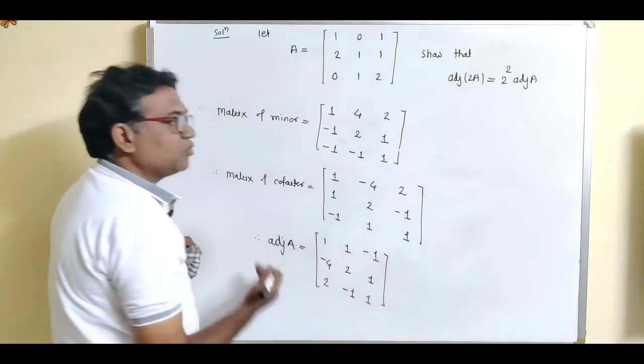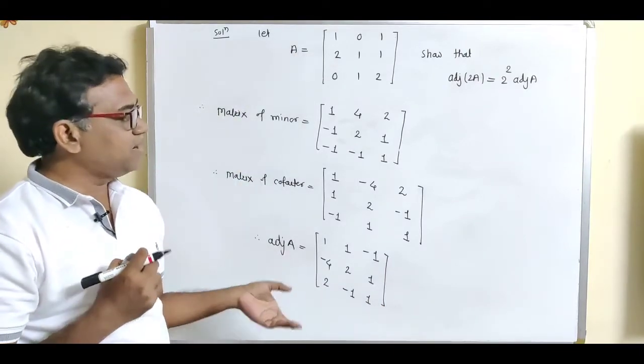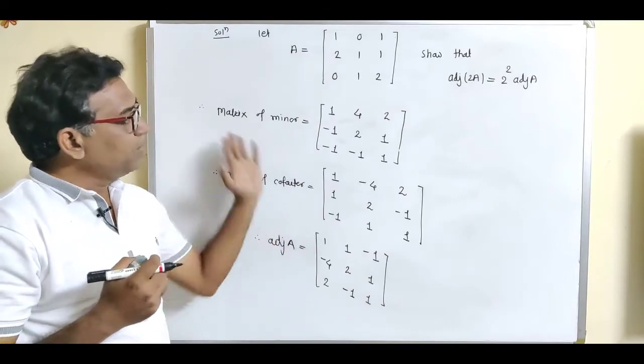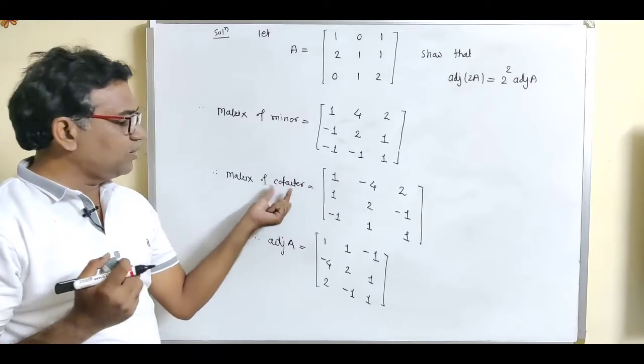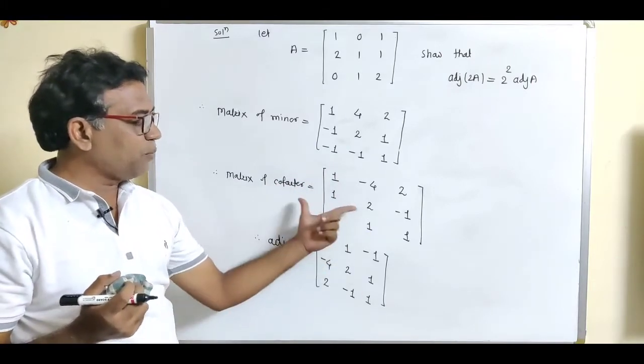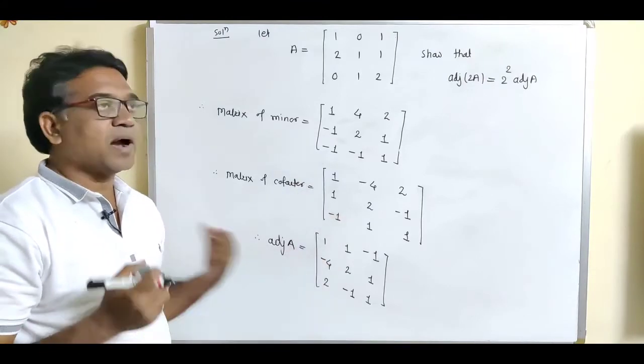So this is adjoint of A. See how to get the adjoint of a matrix from the given matrix. There are just 3 steps. Find the matrix of minor. From the matrix of minor, find the matrix of cofactor, and from the matrix of cofactor, just find its transpose. It is called the adjoint.